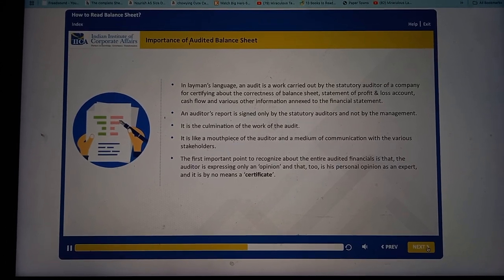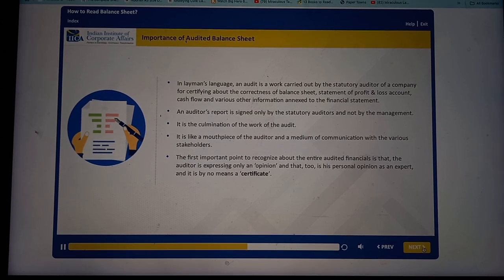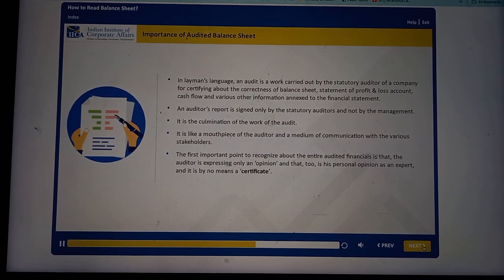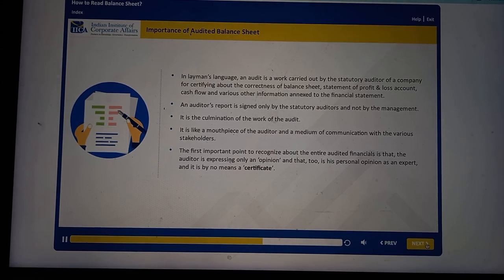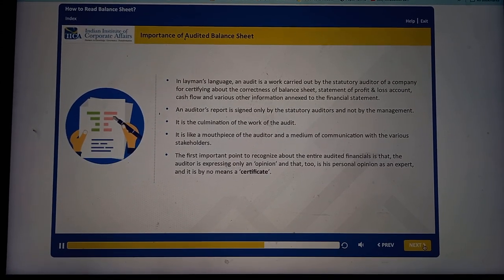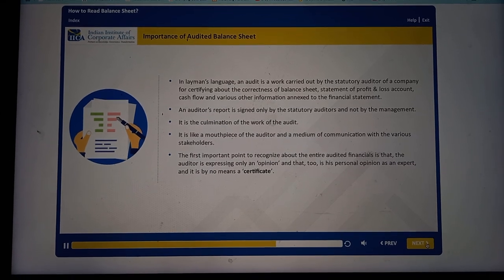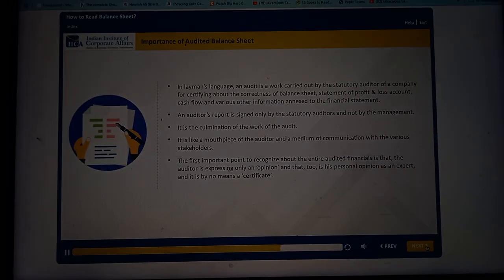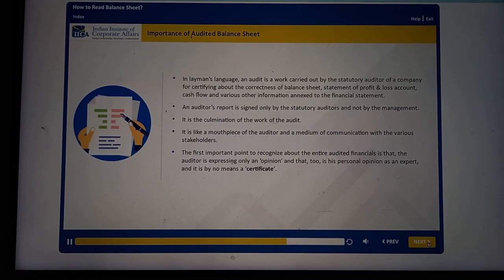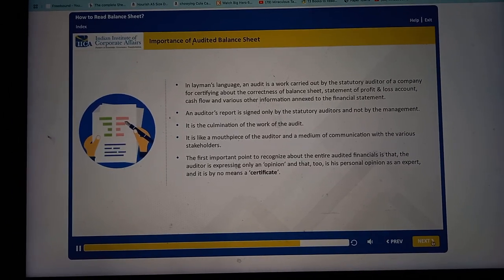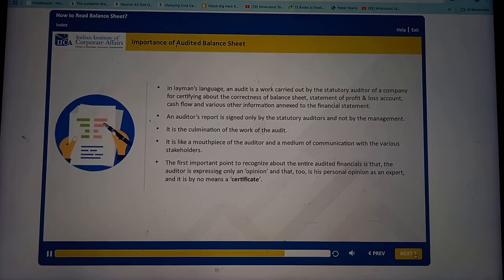The importance of the audited balance sheet: the first point to understand is that in the entire audited financial statement, the auditor is expressing only an opinion and it is not a certificate by any means. There is a vast difference, friends, between a certificate and an opinion, because a certificate is without any disclaimer, whereas an opinion is subject to certain disclaimers.